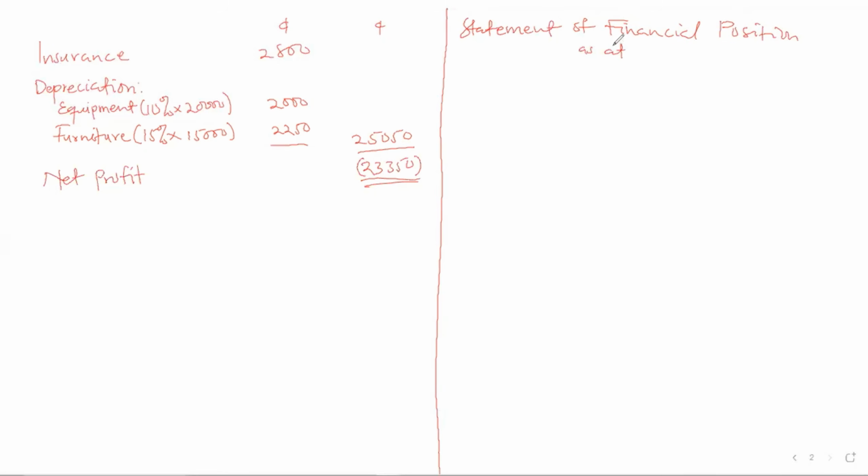Assets, 31st December 2023. So we start with the non-current assets. Non-current assets. We can have our cost here. We can have our accumulated depreciation here. Then we can have our net book value here.